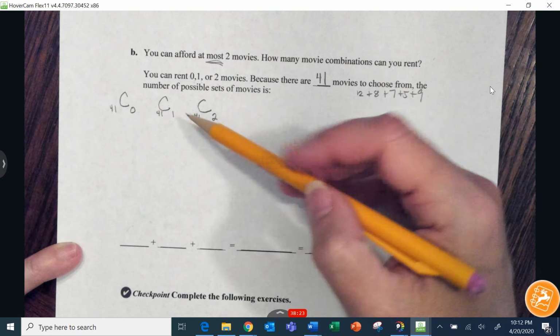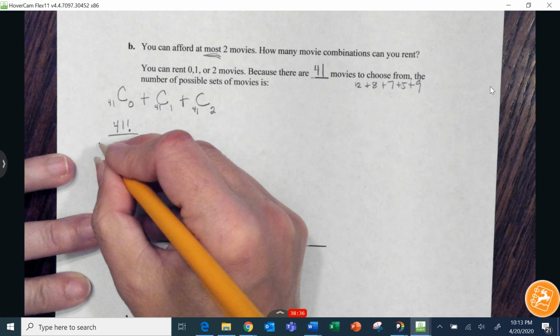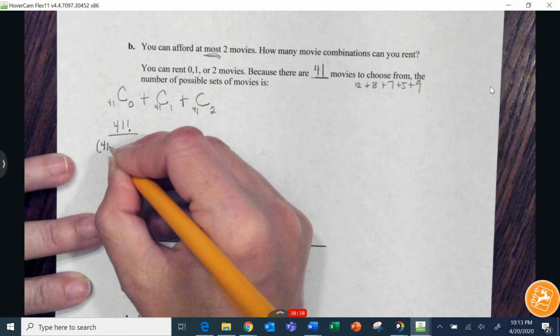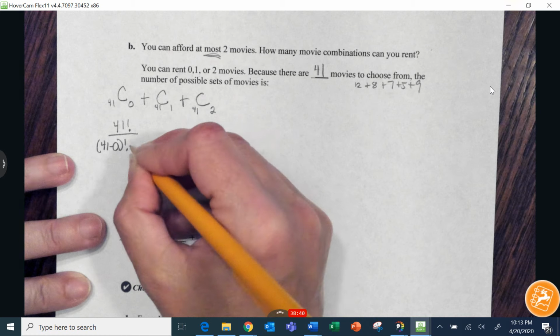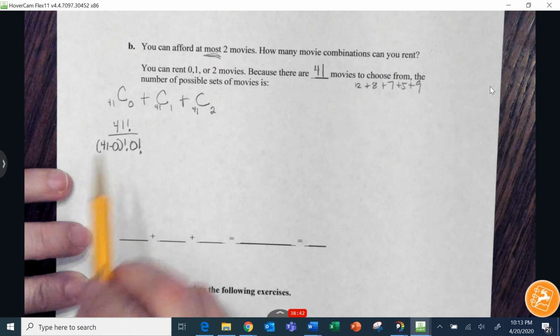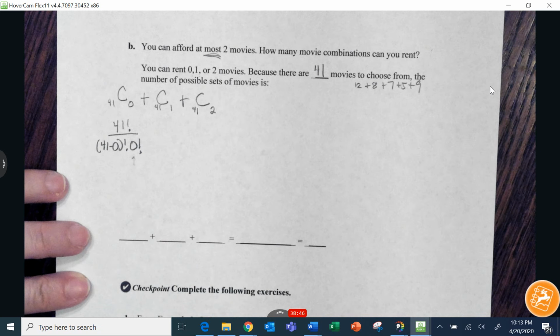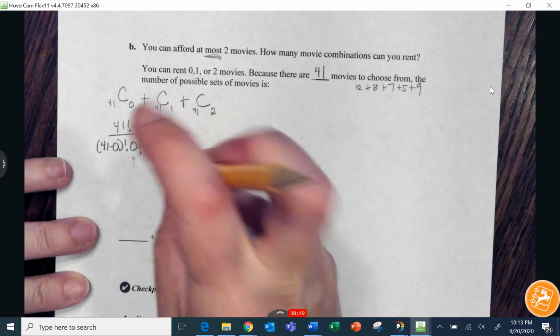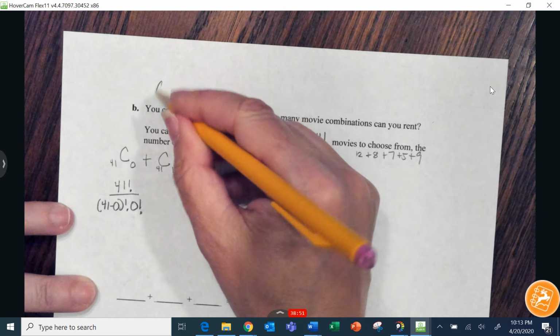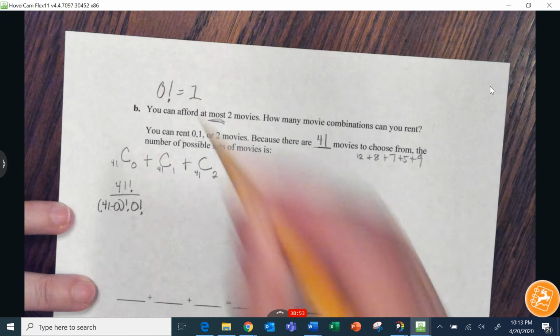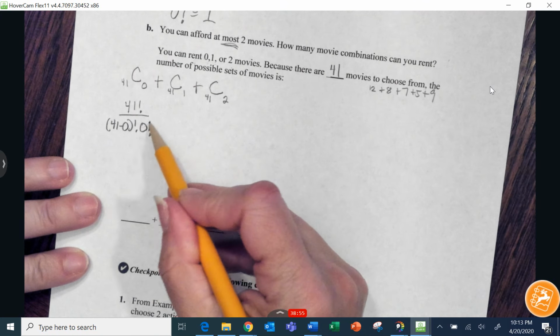All right, so 41, choose 0. That's going to be 41 factorial over 41 minus 0 factorial times 0 factorial. So when we first started these notes and I started talking about factorial, I said you're going to need to know what 0 factorial is. And I told you the answer was 0 factorial equals 1. So we can just look at that as being 1.